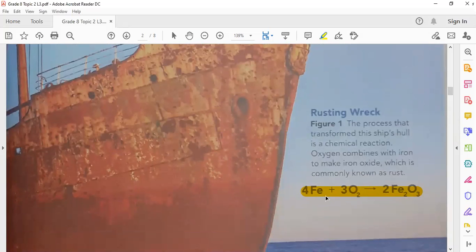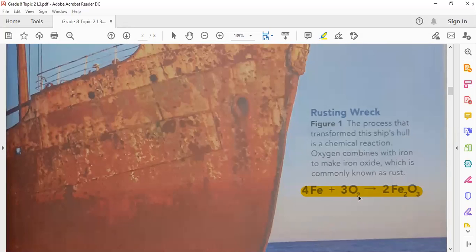Just by looking at this equation, I can know that the reactants are what? Iron and oxygen. And the product is iron oxide, or rust. We have 4 atoms of iron, 3 molecules of oxygen.